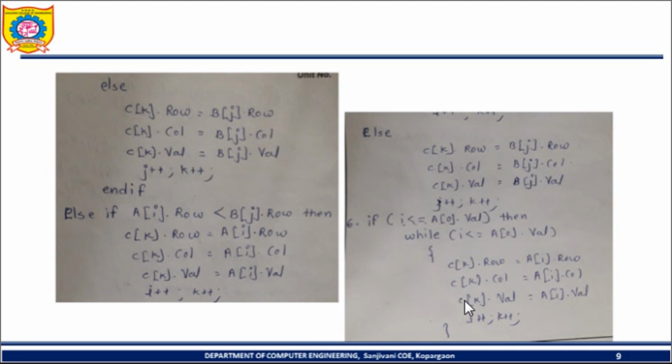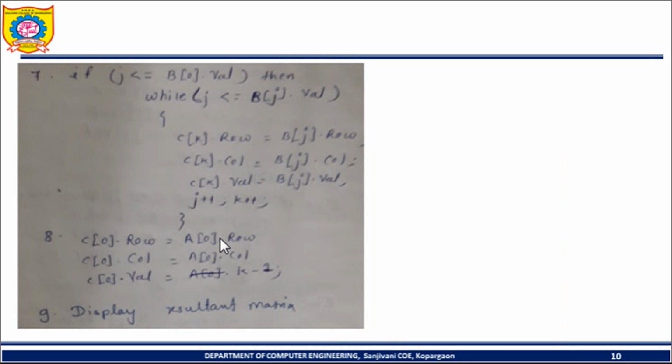Otherwise, the second case: if j is less than or equal to the non-zero value of the B matrix, meaning B is not completed, then again we execute the while loop until the j counter reaches all non-zero values of the B matrix, and for every iteration we copy the row, column, value of the B matrix to the resultant matrix and increment j and k.